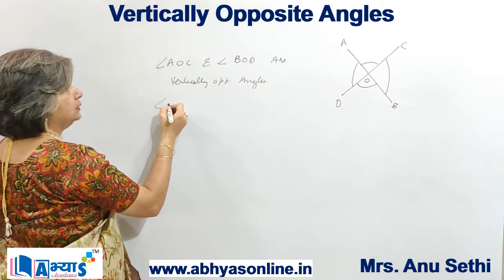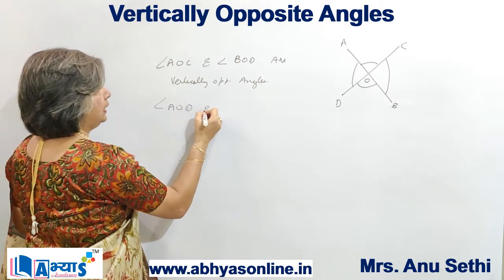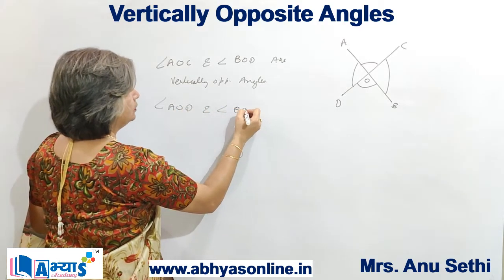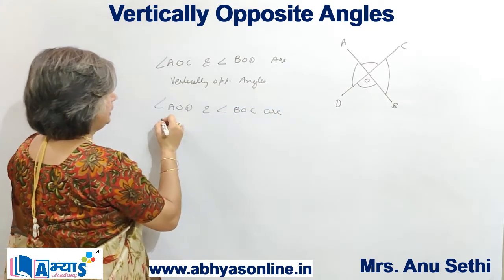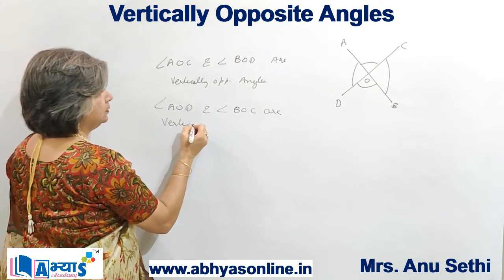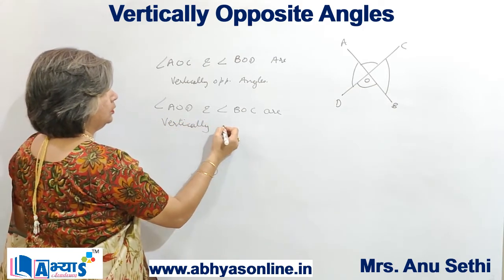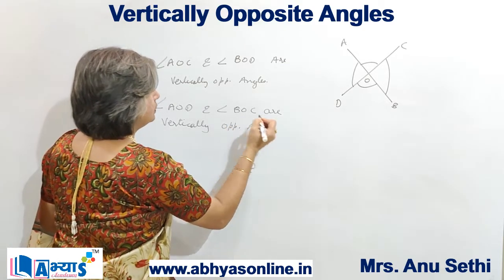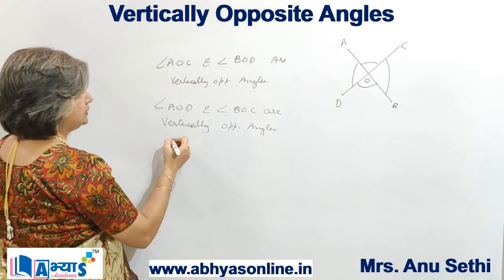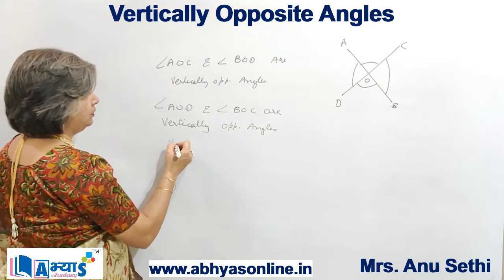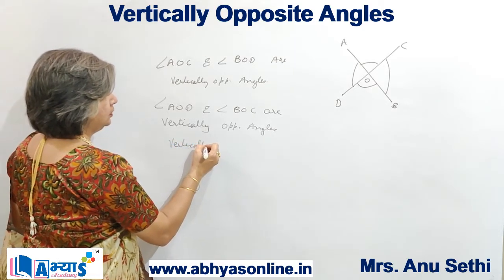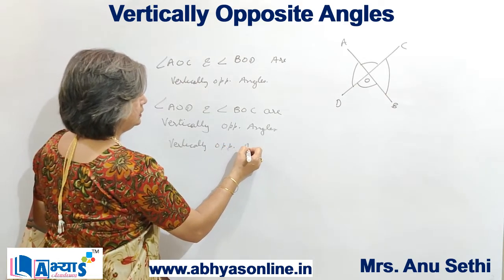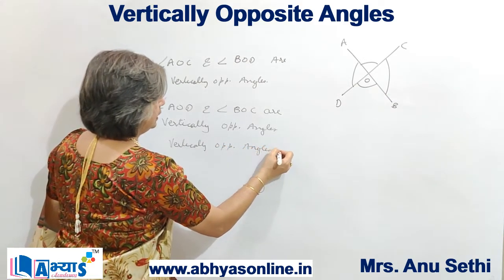Similarly, angle AOD and angle BOC are vertically opposite angles, and we know that vertically opposite angles are equal.